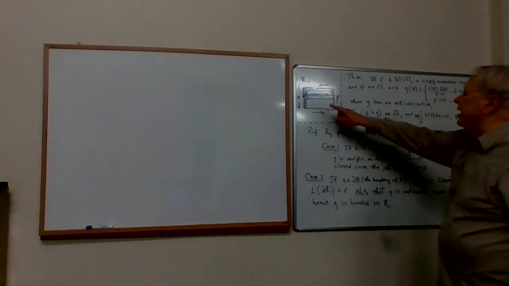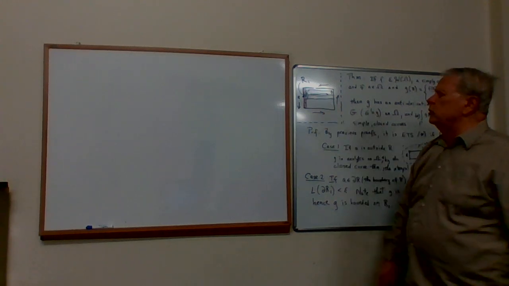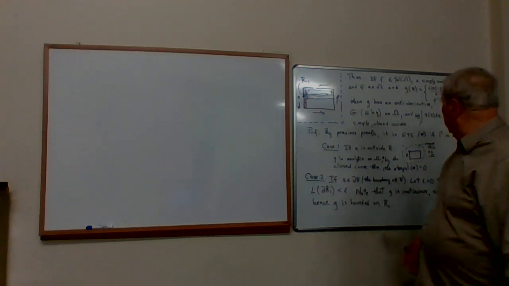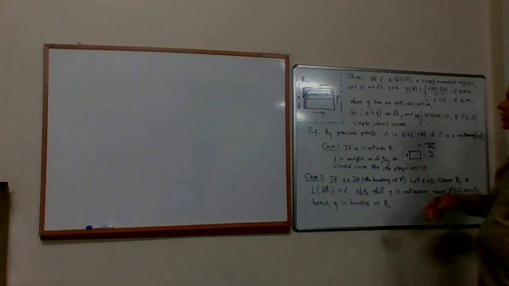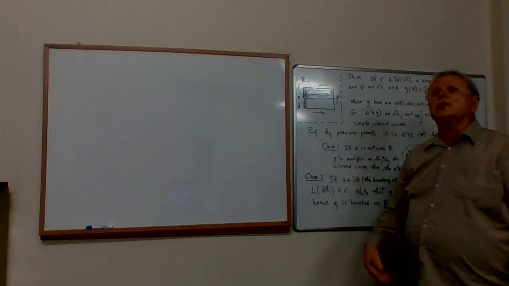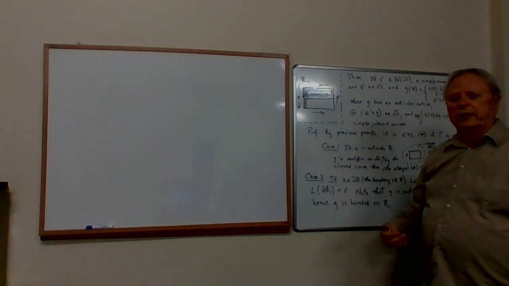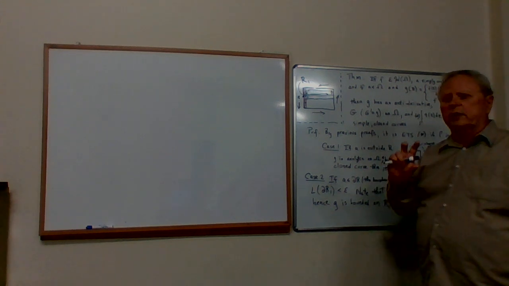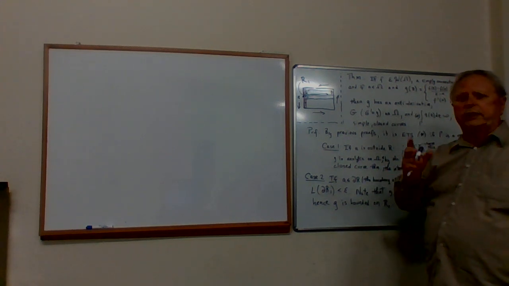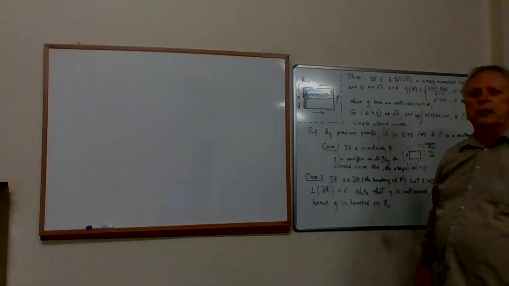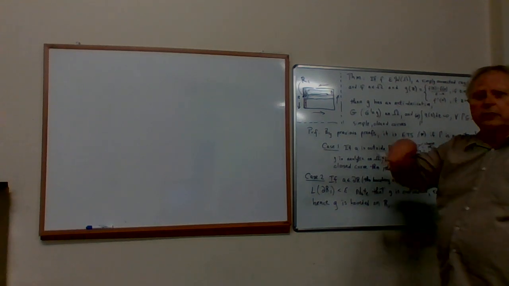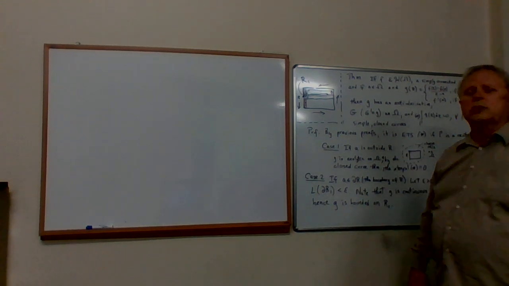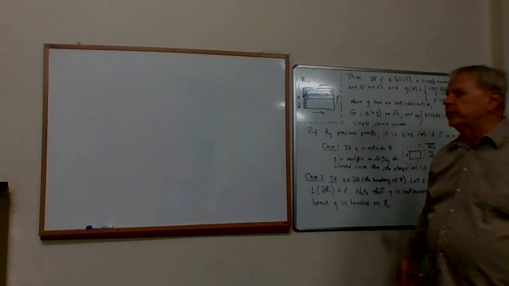It's bounded because I have a closed interval, and the function is continuous on that closed interval, so the function is bounded. A continuous function on a closed interval, on a closed rectangle, or any closed set that is bounded in the complex plane, that continuous function has a maximum.